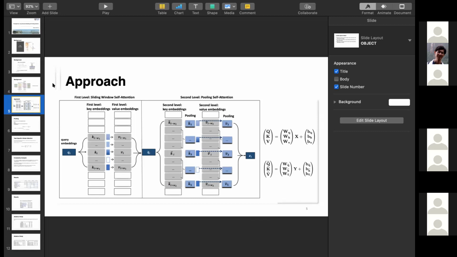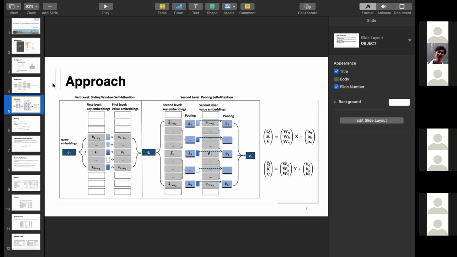So if the input sentence is too long, then it will cost a lot. That means for each attention layer, we need to have at least about 250,000 calculations.